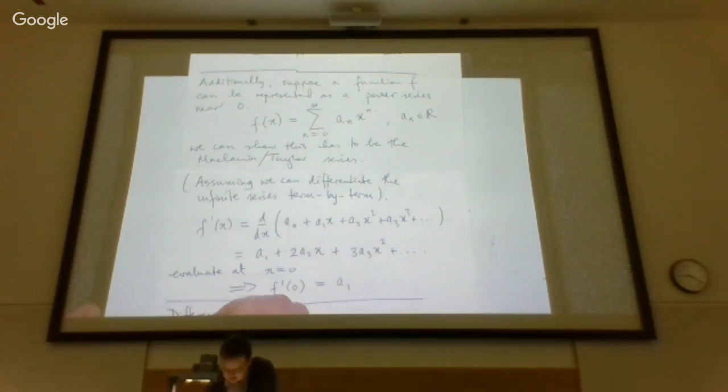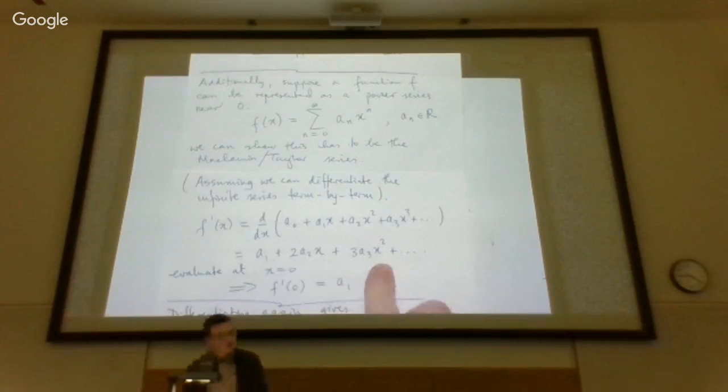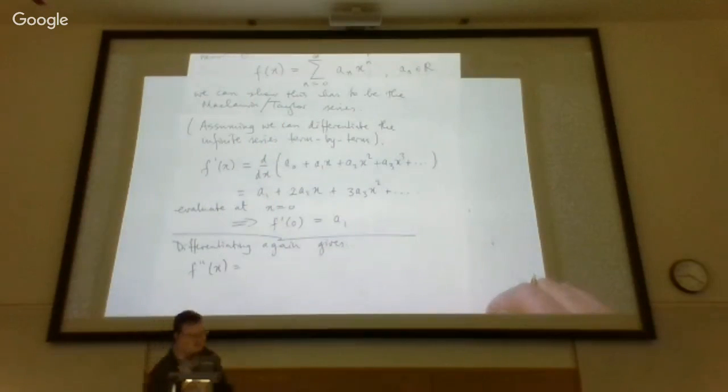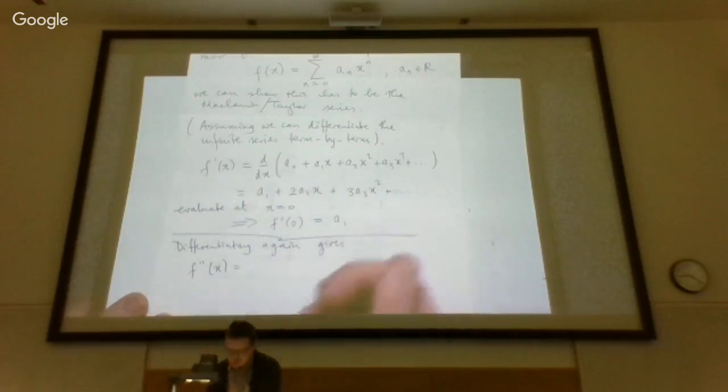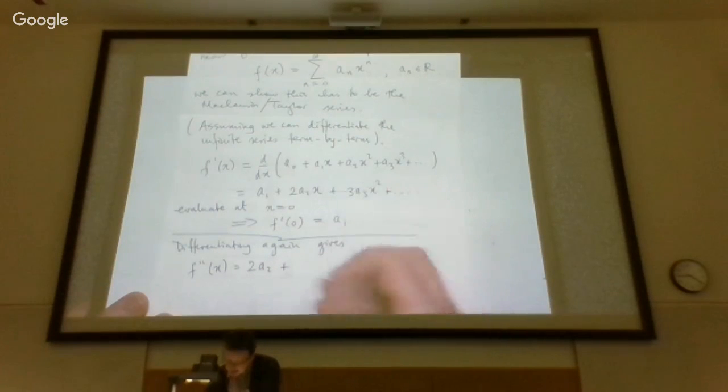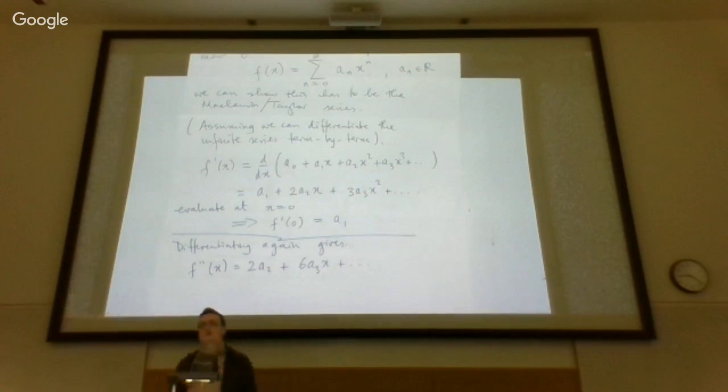Differentiating again gives the second derivative of f at x, where we differentiate the right-hand side again with respect to x. The a1 disappears, it's a constant. You get 2a2, and now we get 6a3 x and higher order terms.